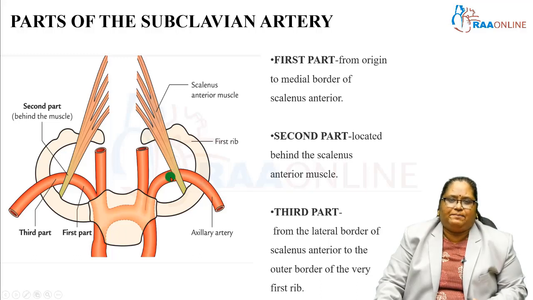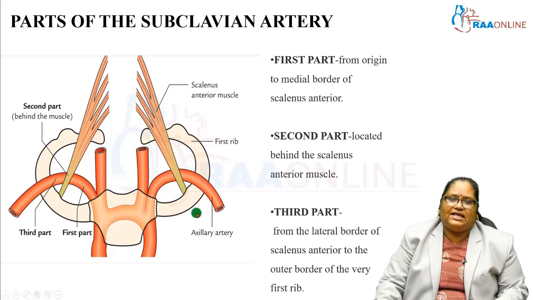Now, what is the second part? The second part is located behind the scalenus anterior muscle. What is the third part? The third part is from the lateral border of the scalenus anterior to the outer border of the first rib.